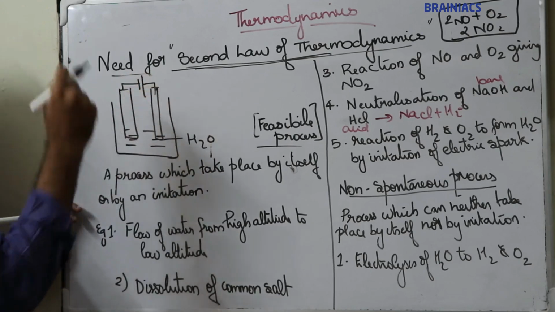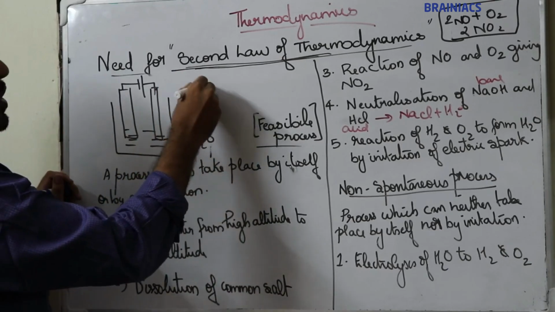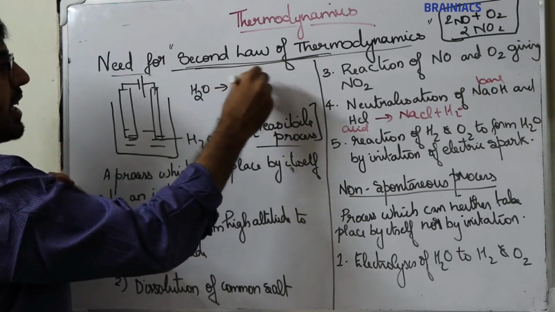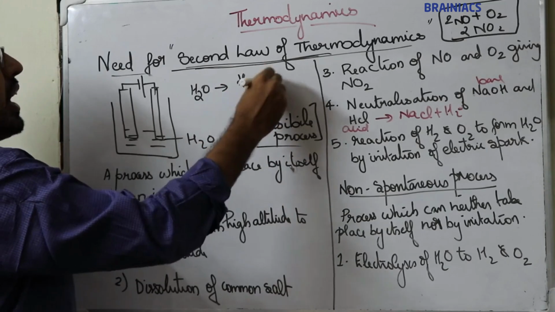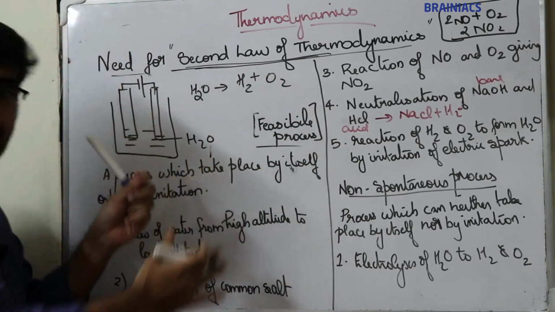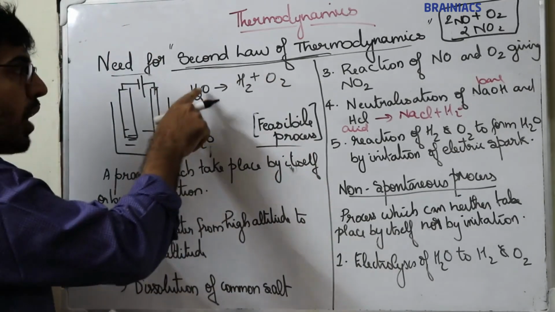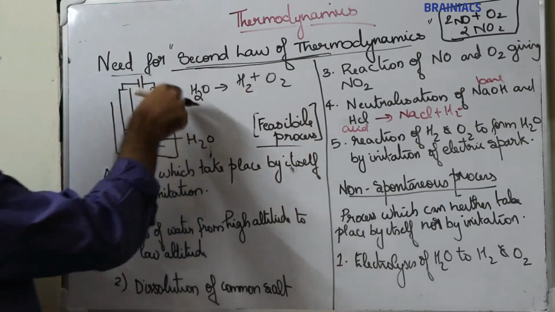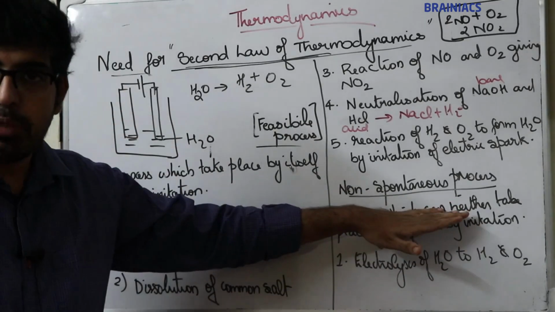When we supply electric energy to water, water will start splitting to produce H plus and OH minus. From this we can split water to hydrogen and oxygen. So by passing electric energy we can split water, and after splitting we can produce hydrogen and oxygen. Or water is decomposed to produce hydrogen and oxygen by passing electrical current. Now this process is an example of a non-spontaneous process.